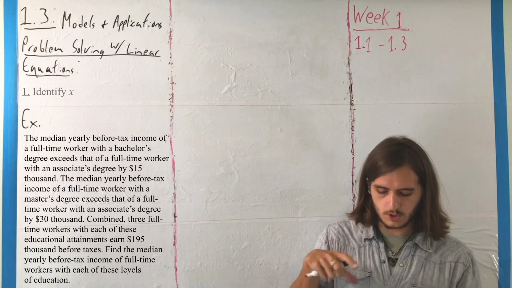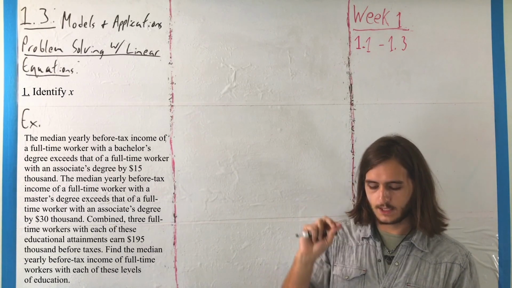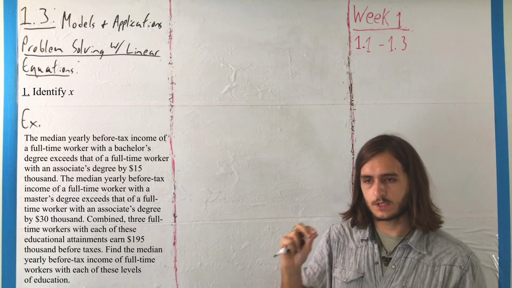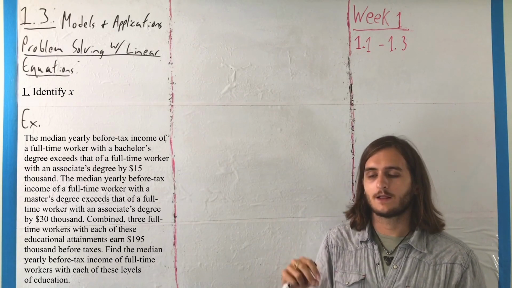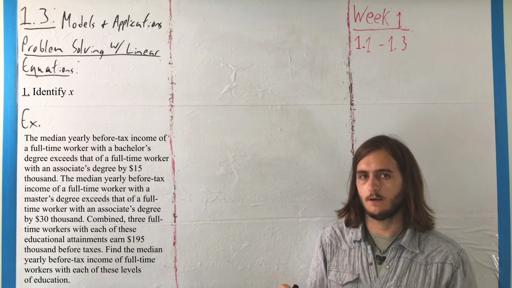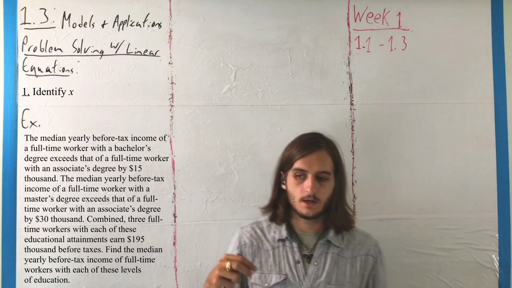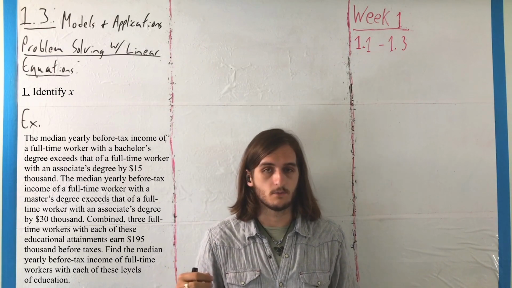So here, what we're going to do is go through this statement carefully, and what we should notice is that the way this problem is given, it tells us the amount each of those jobs makes relative to the person with the associate's degree. It tells us that the bachelor's is $15,000 more, and the master's is $30,000 more.